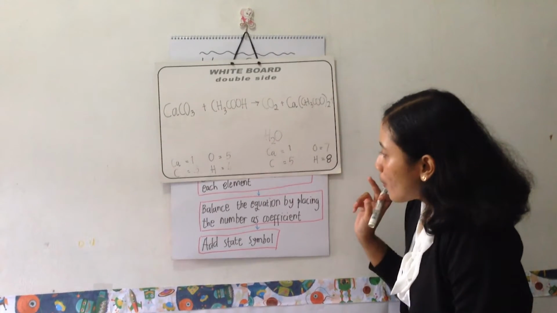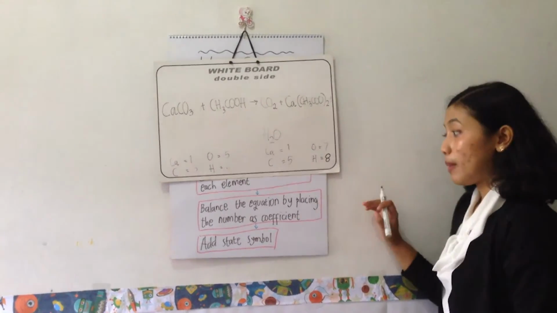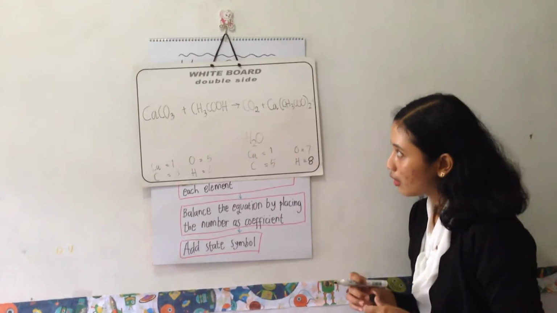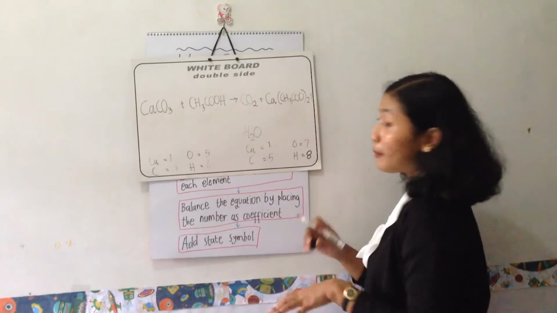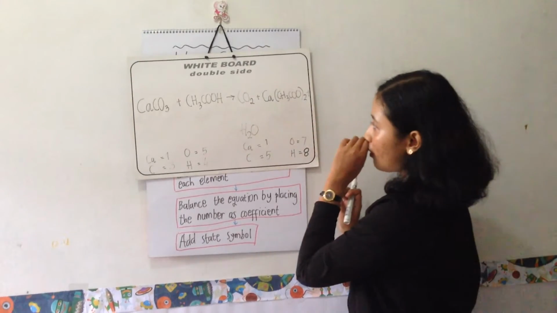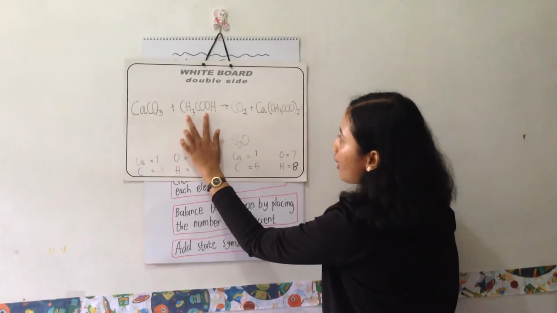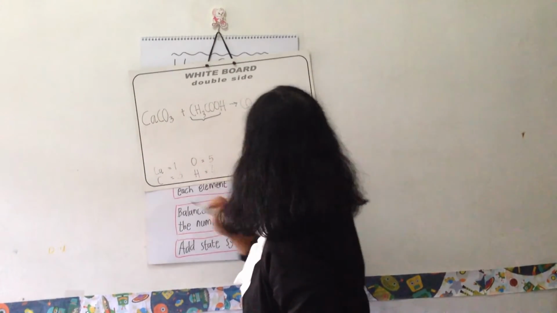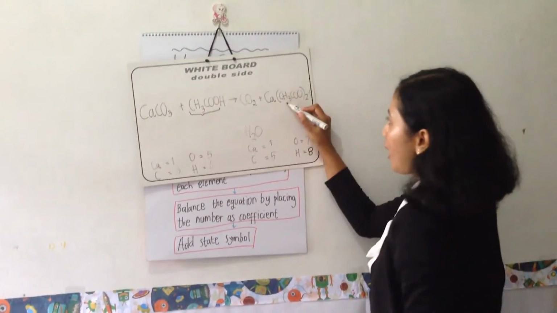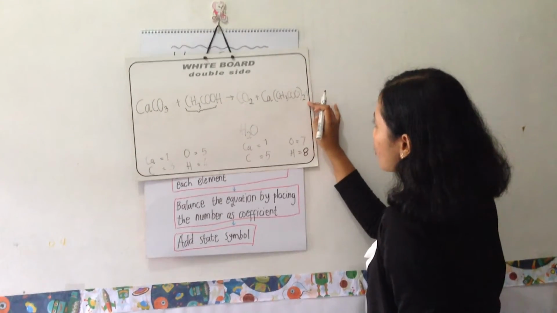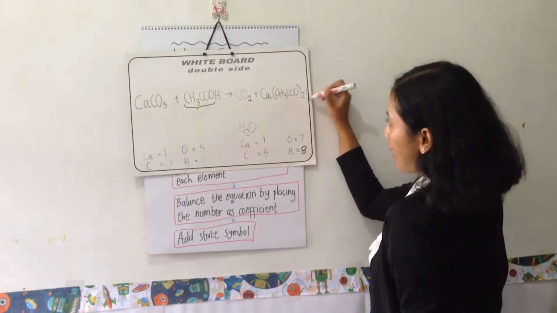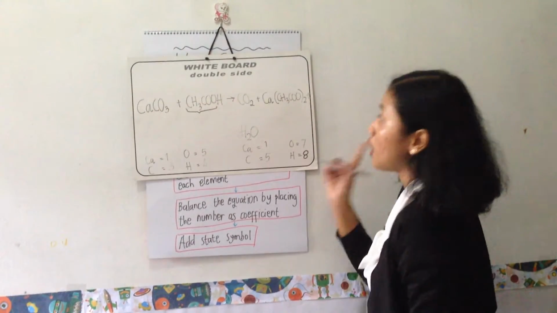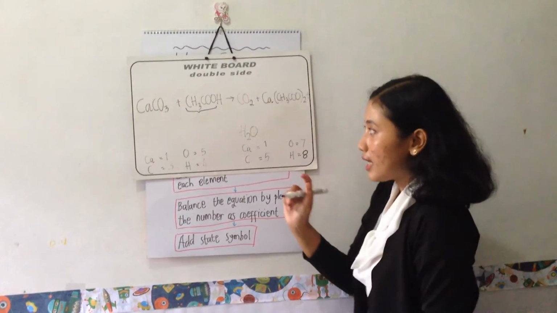So we try to balance the equation by placing the number as coefficient. So the simple way is we have acetate here, yeah. Acetate here. This is acetate, and then this is acetate. Acetate has 2 as index, so we add coefficient in front of acetic acid.